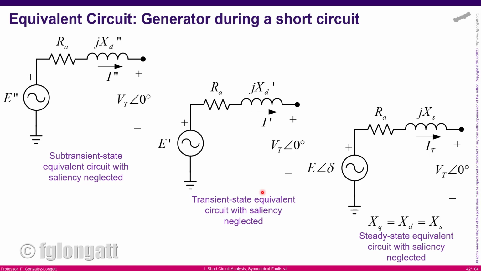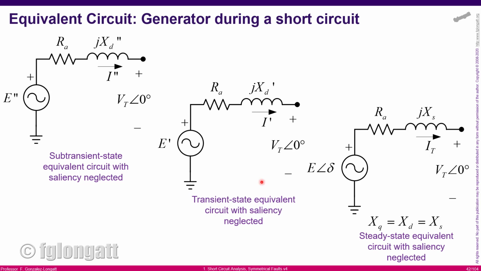You are familiar with the model for the steady state. In that case, we are assuming a cylindrical rotor machine, no saturation, nominal conditions, etc. I will not go there, but you must be familiar with that model, and that is the steady state equivalent circuit.